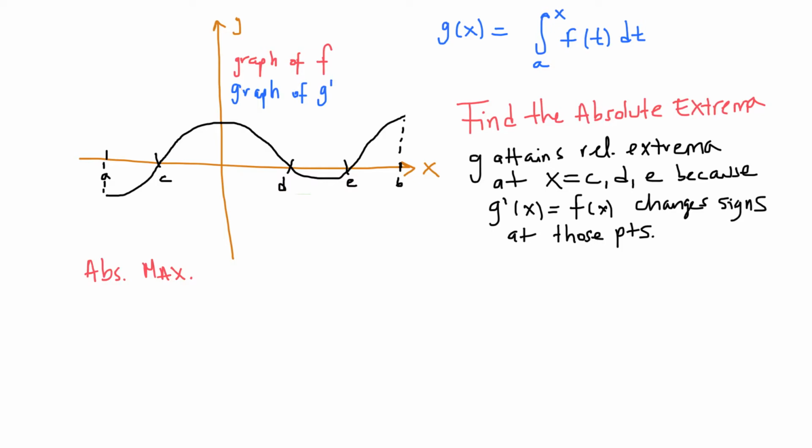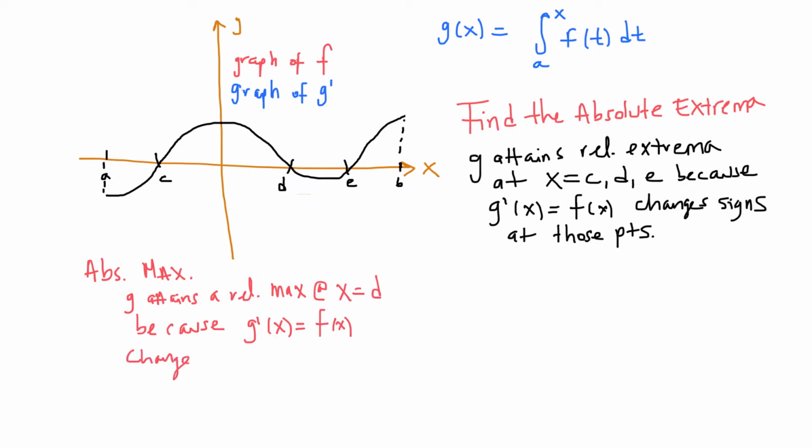So I'm going to say g attains a relative max at x equals D because g prime of x, which is equal to f of x, changes from positive to negative at x equals D.